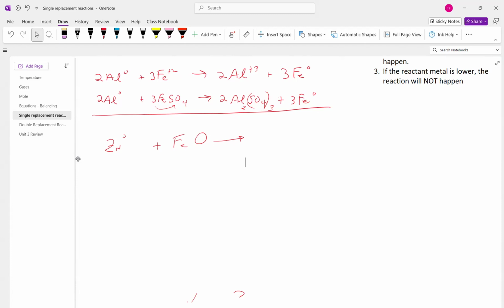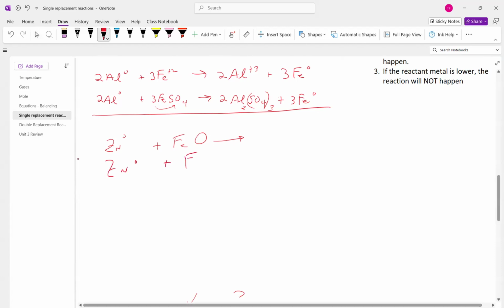Okay, so first thing we're going to do is we know that that's a +2 because the oxide's a -2. All right, first thing we need to do is balance this thing. Can we change the zinc to an ion?